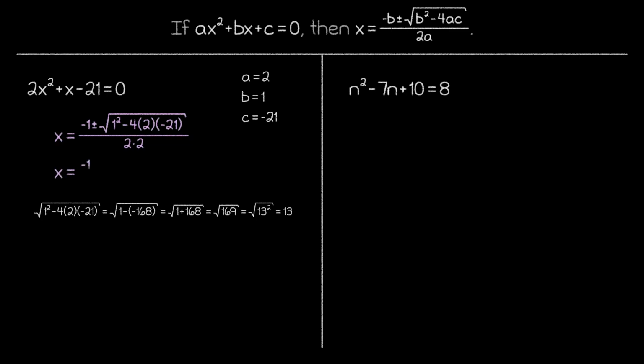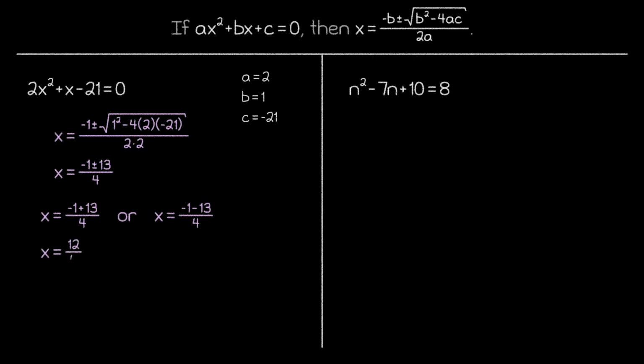Now, since the square root worked out nicely here, we're going to split our answer into 2 separate equations. This gives us x equals negative 1 plus 13 divided by 4, or x equals negative 1 minus 13 divided by 4. The first answer simplifies to 12 over 4, which is 3. And the second answer simplifies to negative 14 over 4, which reduces to negative 7 over 2.